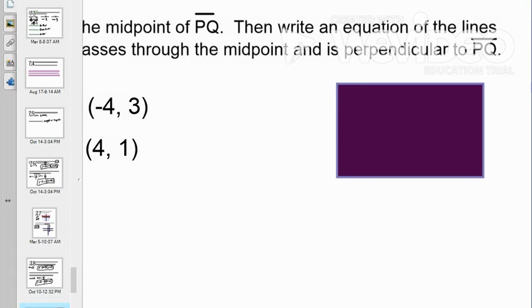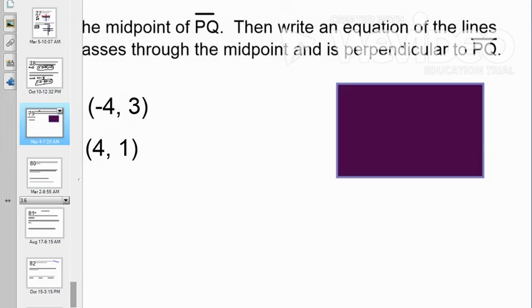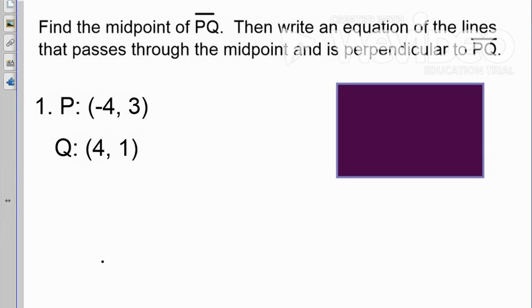Now, if you remember, we talked about some midpoint stuff earlier in the year. Midpoint formula, you should remember that. It says find the midpoint of PQ, then write an equation of a line that passes through the midpoint and is perpendicular to PQ.